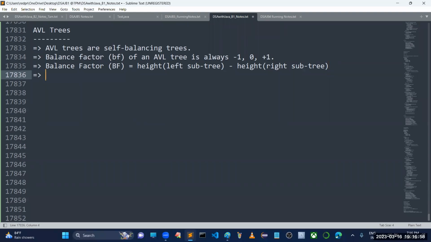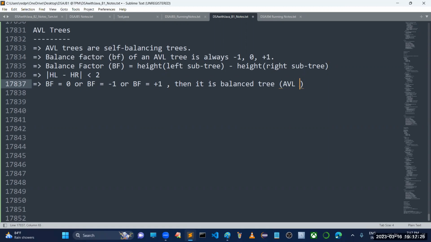And the absolute value of the height of left subtree minus height of right subtree should always be less than 2. That means your balance factor is 0, or -1, or +1 for any node, then it is a balanced tree. That is, I can say it is an AVL tree.